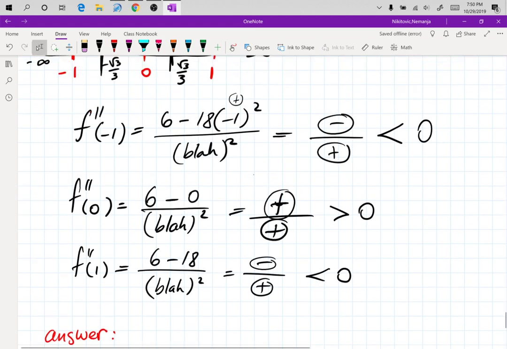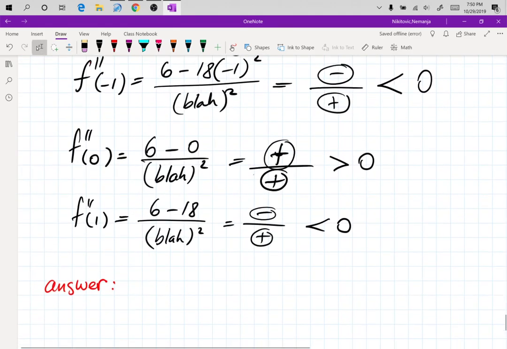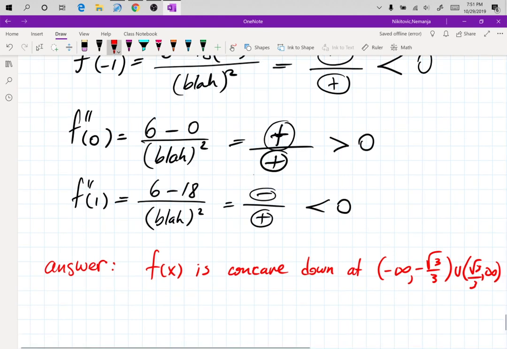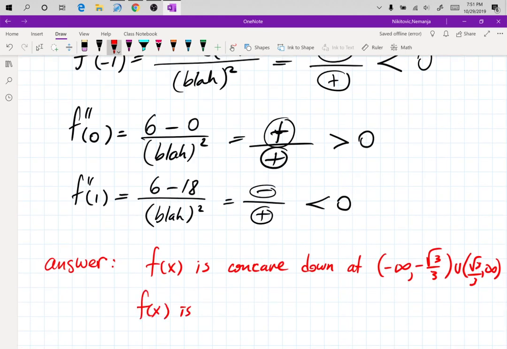Otherwise, don't worry about it. f of x is concave down on the interval negative infinity to negative root 3 over 3, union root 3 over 3 to positive infinity. f of x is concave up on the interval between negative root 3 over 3 and root 3 over 3.